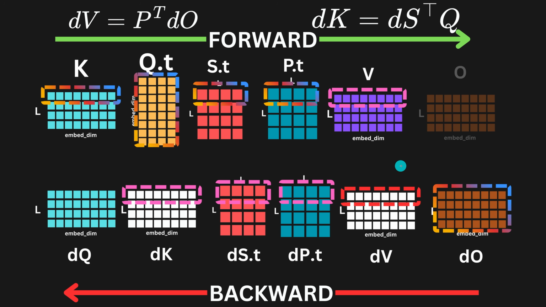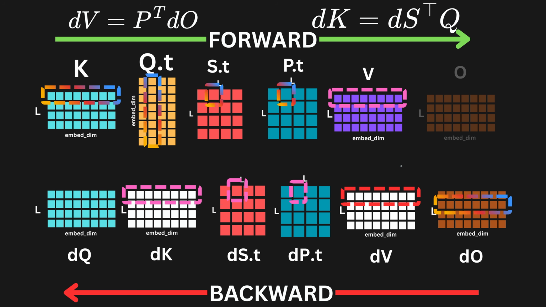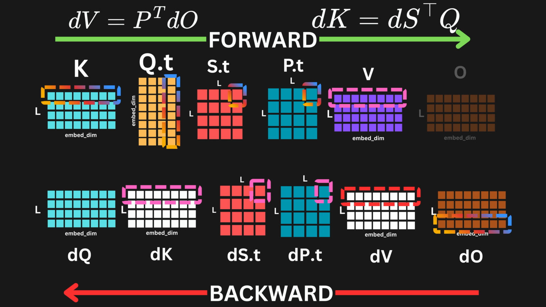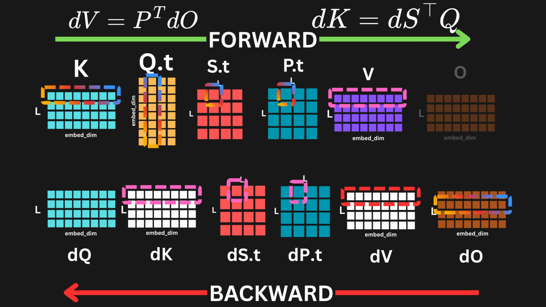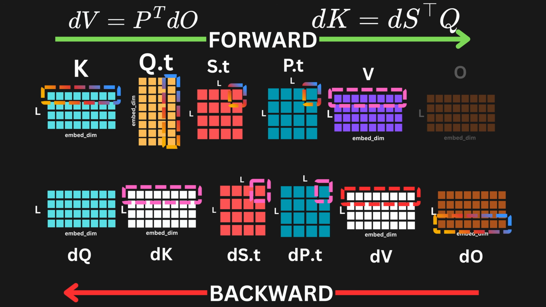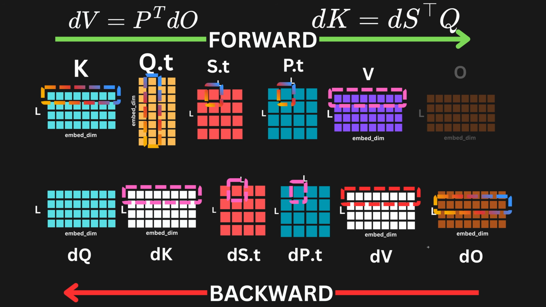That's all we need. And so essentially what it'll look like is this, right? To compute dk and dv at the same time, we're just going to loop through our probabilities one at a time, P transpose essentially, computing everything we need on the fly, and then just looping through the corresponding do that you see right here. So this is basically what the operation is going to look like.